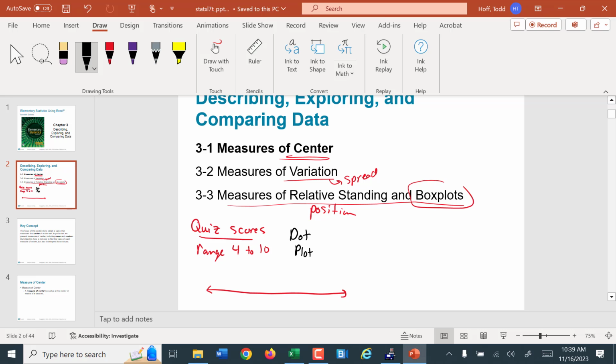On this dot plot, I'm just going to make a number line numbered from 4 to 10, and then look at scores. Let's say I randomly select quizzes, and the first one is a score of 8, so I put a dot above the 8. Next one was a 6, and a 7, and another 7. There's already a dot over 7, so I stack them up, and I just keep scoring these quizzes and putting the scores on my dot plot.